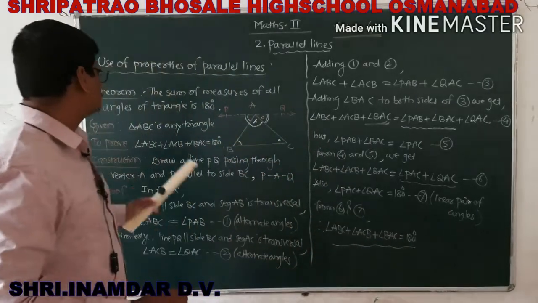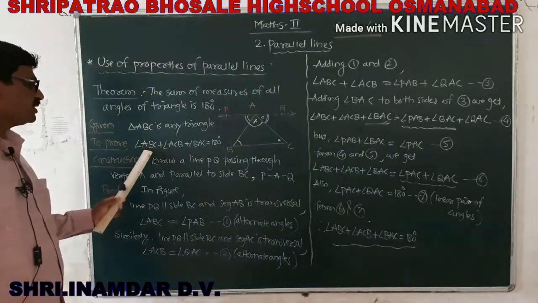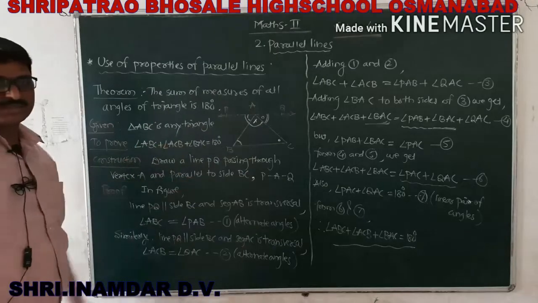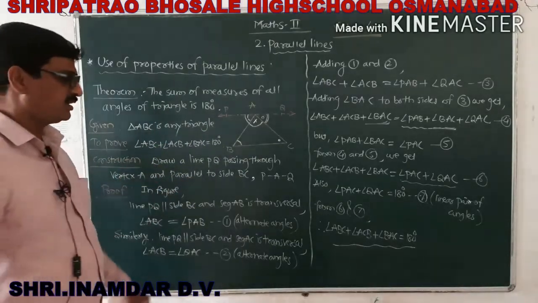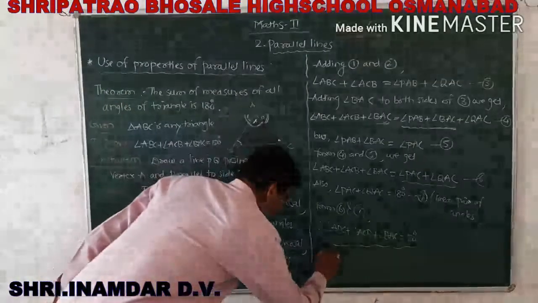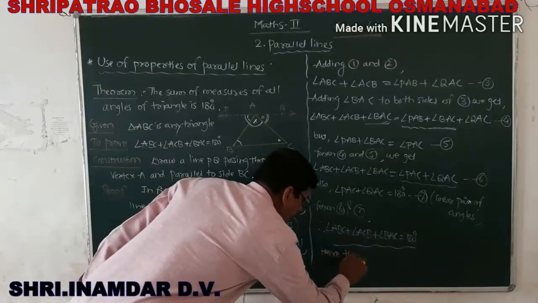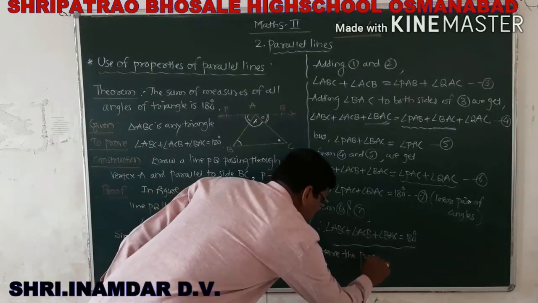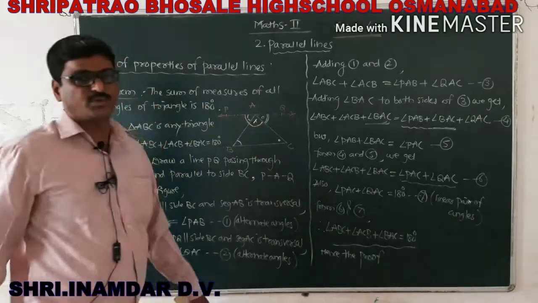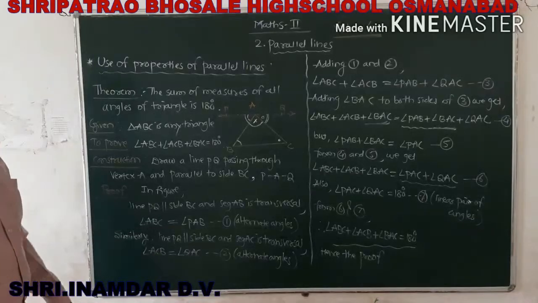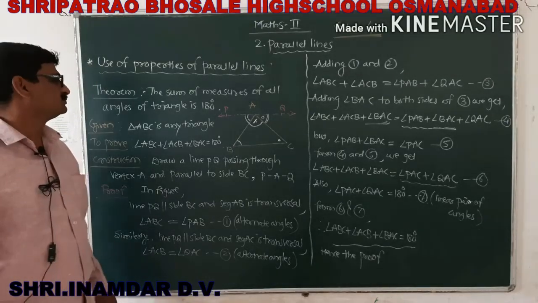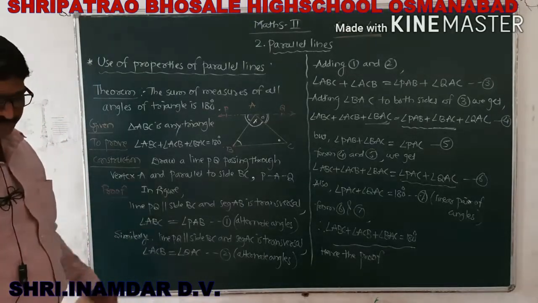So this is what was to be proved here, that is, the sum of the measures of all 3 angles of a triangle is 180 degrees. And lastly write hence the proof, or hence we proved. Any sentence we can write here. So this is the property of triangle we had to take its proof here.